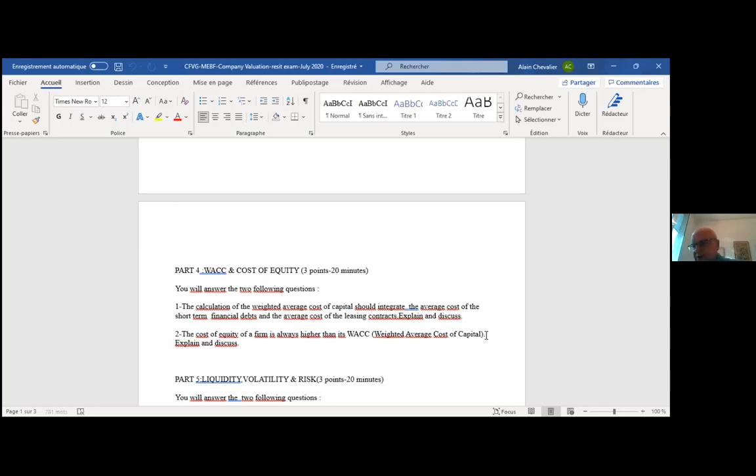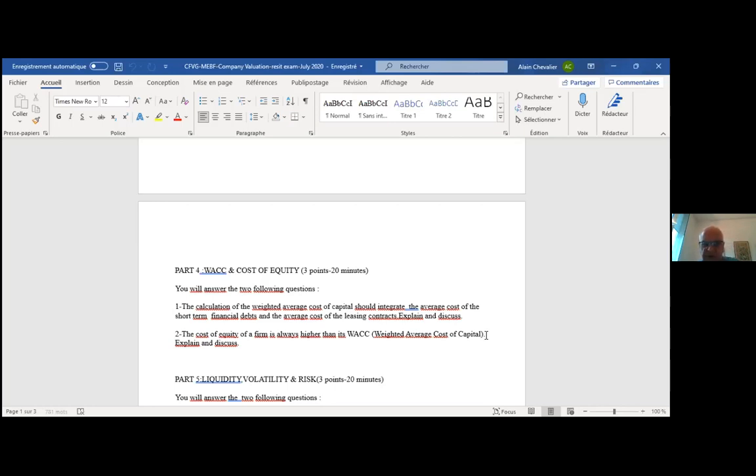You just take into account the debt with a characteristic which are financial debts, but take into account the long-term, the medium-term, the short-term financial debts, plus the equivalent debt of the leasing, financial lease contracts. That's what we did last time in one of the last exercises we went through.